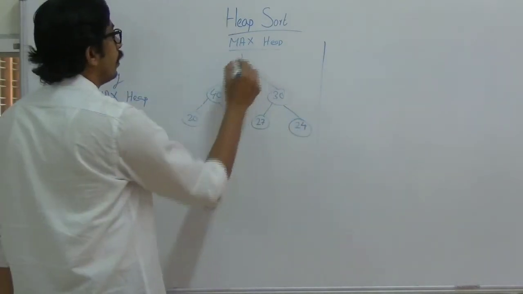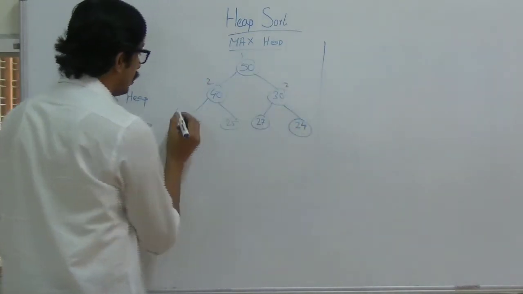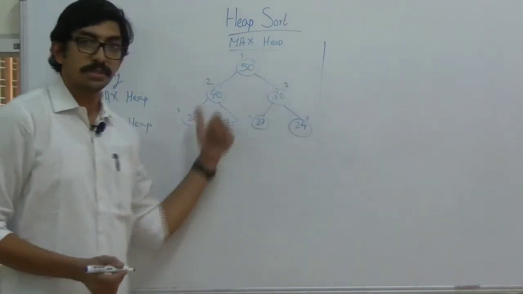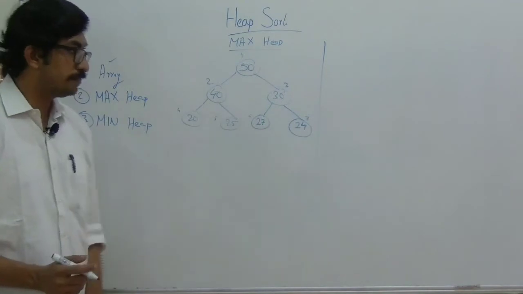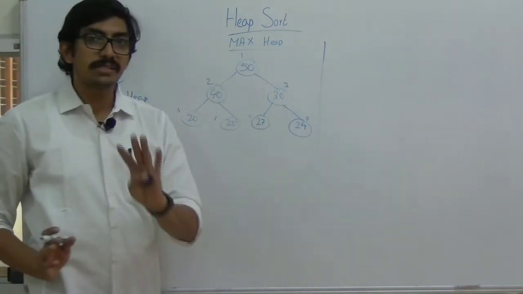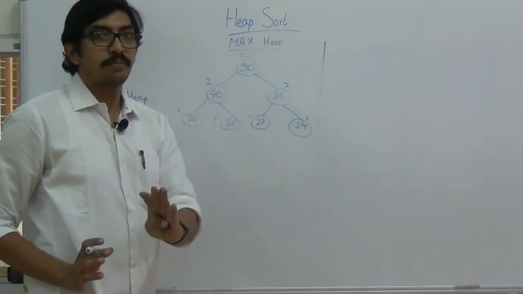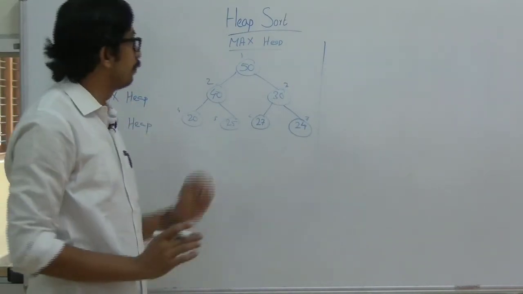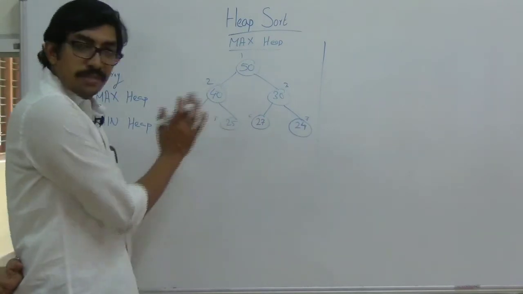Okay. 1, 2, 3, 4, 5, 6. These are the index positions and these are the values. So this is an example of max heap. Whenever we are saying a heap structure, keep in mind that it will be a partially complete or a complete binary tree.